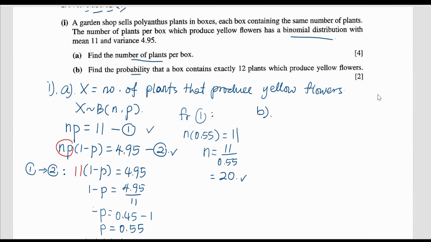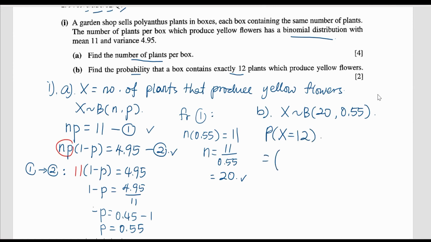Now we move on to find the probability for part B: the probability that a box contains exactly 12 plants which produce yellow flowers. So now we already have n equals 20 and p equals 0.55. And we are trying to find the probability that X equals 12.